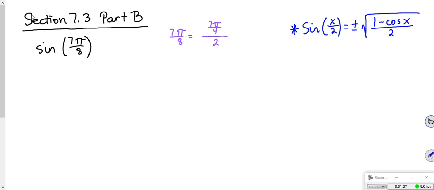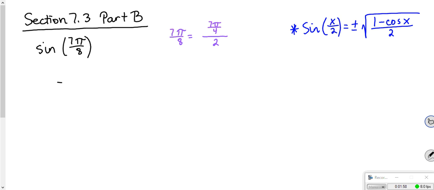The half-angle formula for cosine is 1 plus cosine x divided by 2, and then tangent has two different ones. I went over those in the part A video for 7.3. Okay, so let's use that formula for the problem we have.